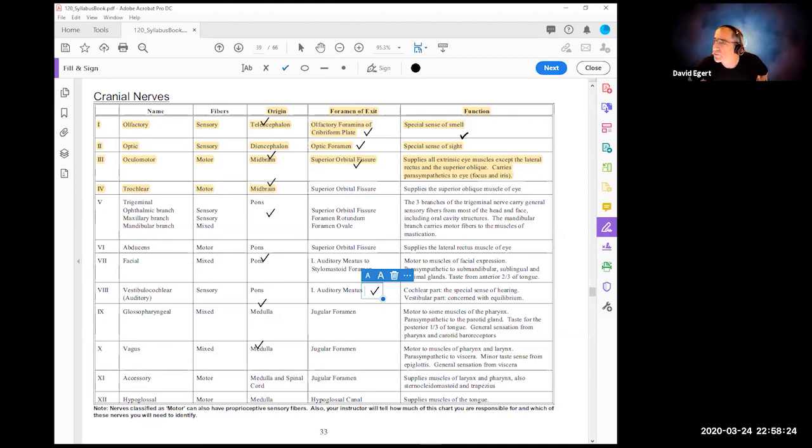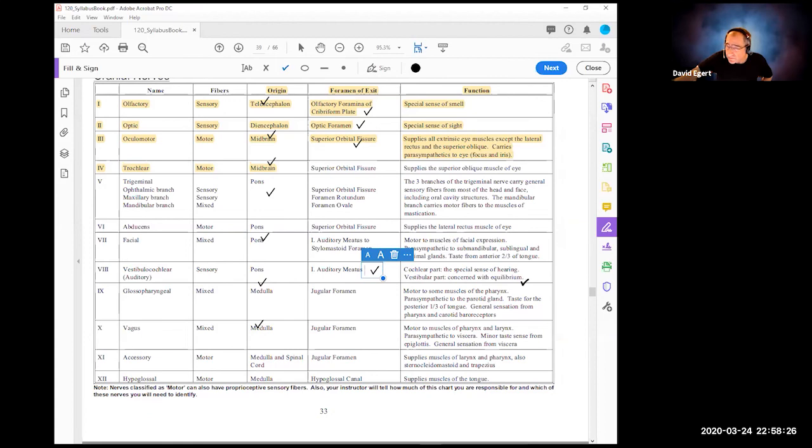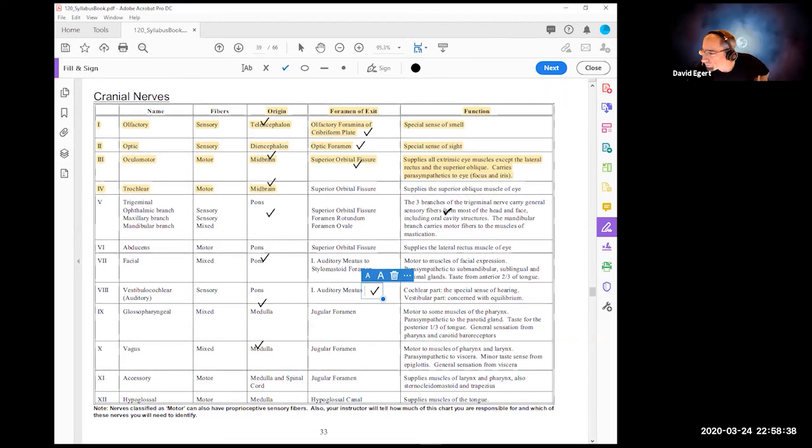And in terms of the function, don't worry about what specific muscles any of the cranial nerves are doing. Don't worry about carotid baroreceptors. You should know which ones are giving you the different special senses.